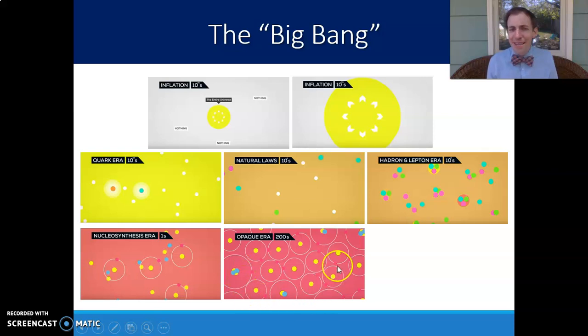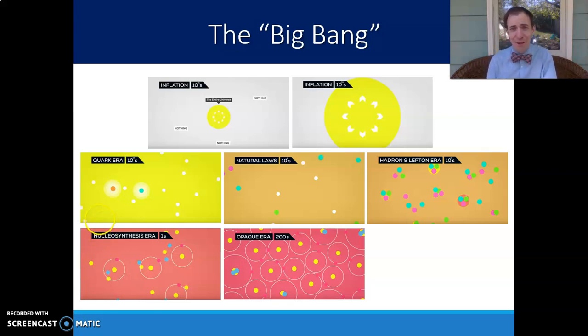Then we reach at about 200 seconds or so, we're still in the span of minutes, something known as the opaque era. Now, something that I think is fascinating about the Big Bang, kind of this early universe, is you couldn't see through it. And there's a couple of reasons for that. One is it's so hot that it's actually glowing.